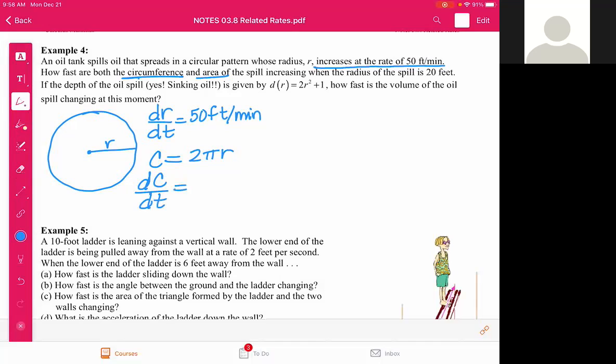That's the rate that the circumference is changing. So we take the derivative implicitly. If you have a constant in front of a variable, the derivative is just that constant times the derivative of the variable, which would be dr/dt.